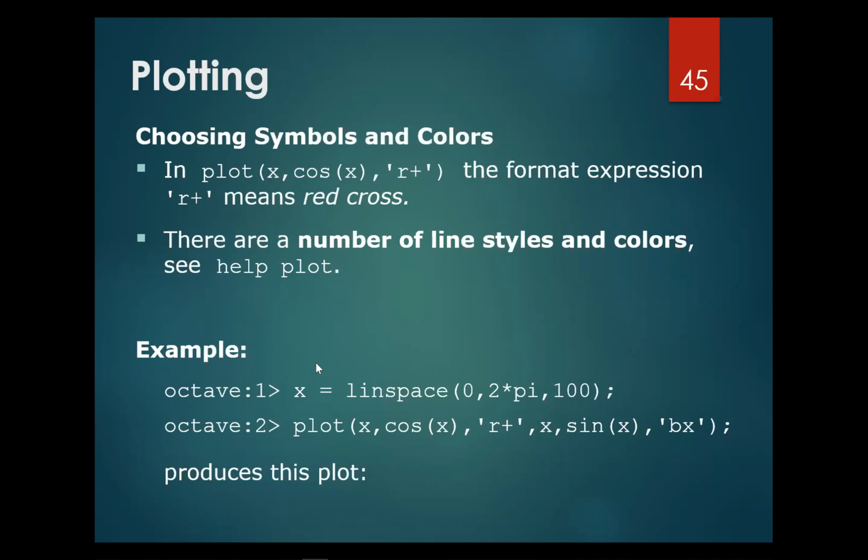And there are many styles you can use. If you type help plot in Octave, it will give you all the styles. You can say 'bx'. 'bx' will simply give you a blue line, where b means blue, with x as the symbol of the plot.